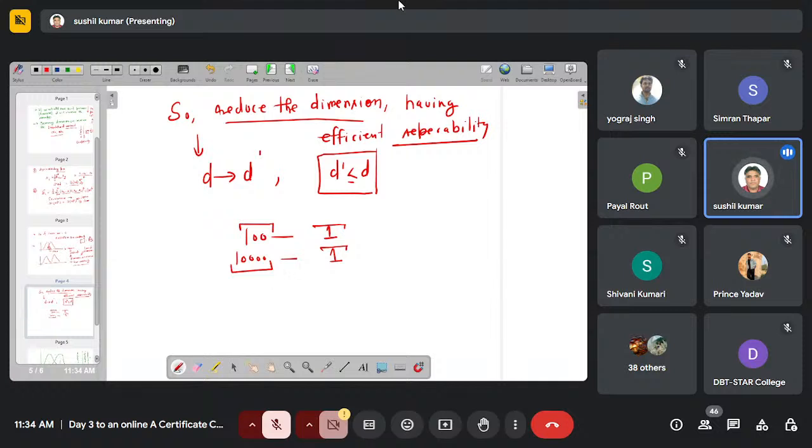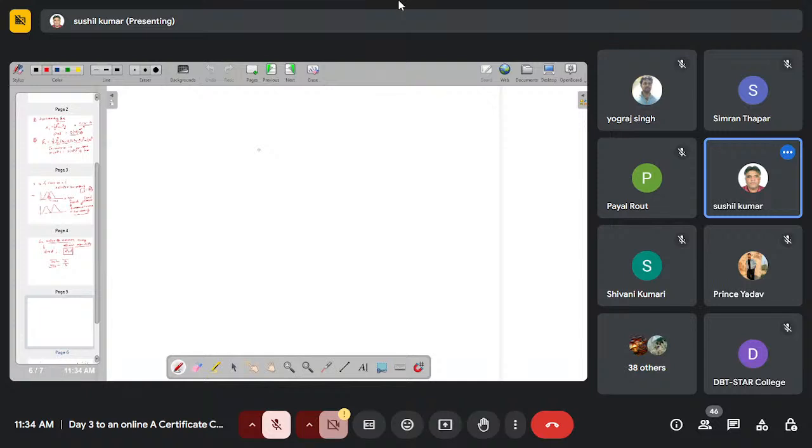So I think you got the problem we are going to discuss today. Here we have two techniques. One is PCA, principal component analysis. This part we will discuss in detail. But we are not limited to this technique only.